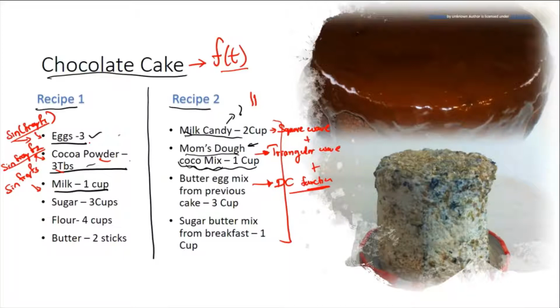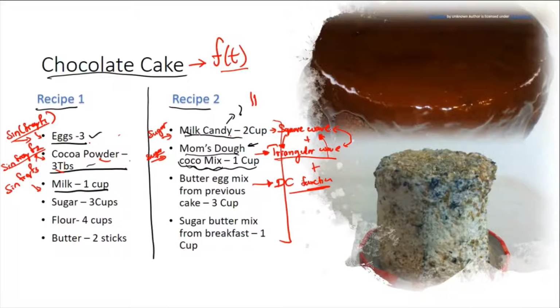On the other hand, square wave and triangular wave have some correlation between them. If you integrate a square wave multiplied by a triangular wave, you're going to have some correlation. Hence the triangular wave has something of the square wave, and the square wave has some commonality with the triangular wave. So when I'm saying milk candy, probably this has sugar, and this also has sugar.